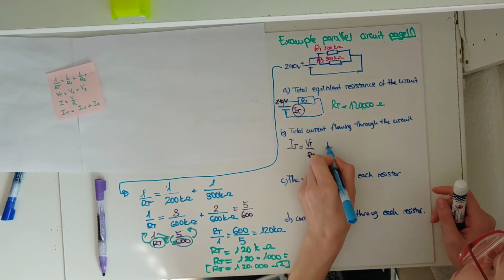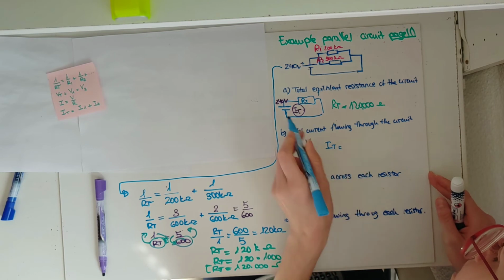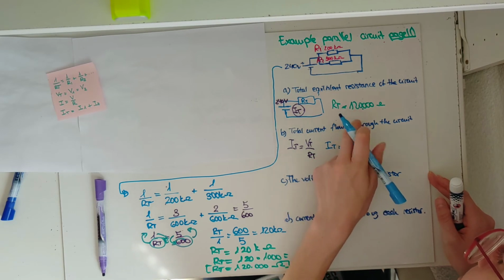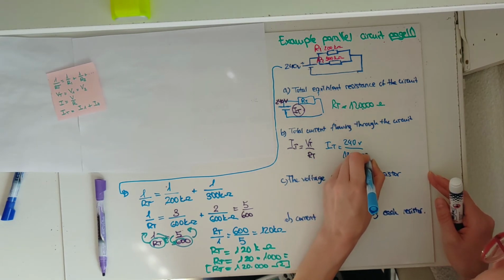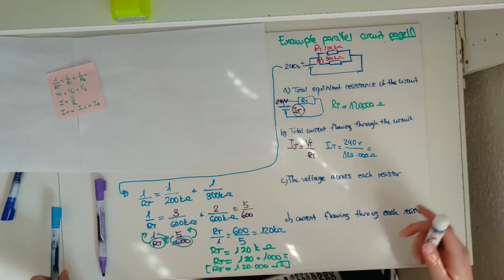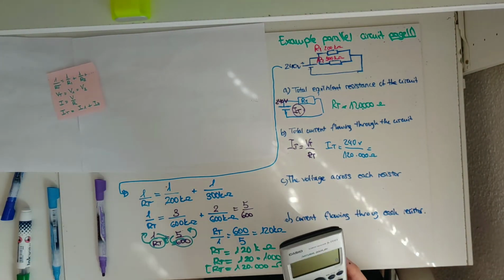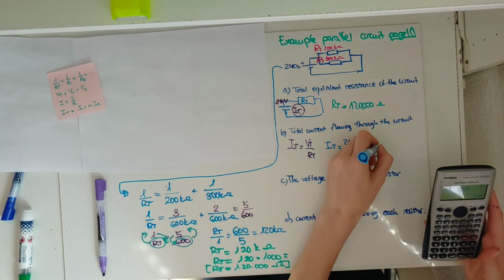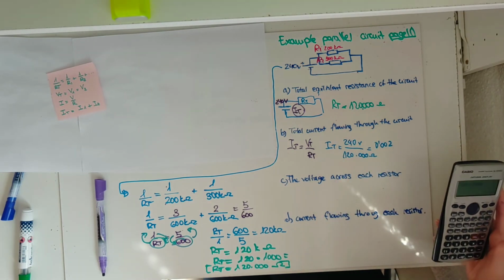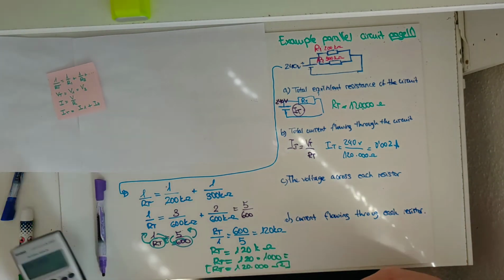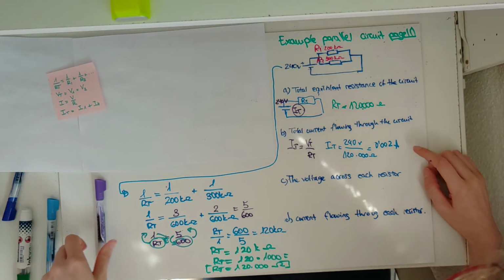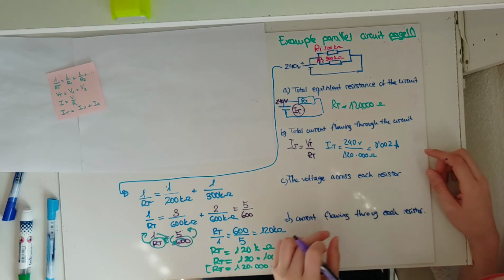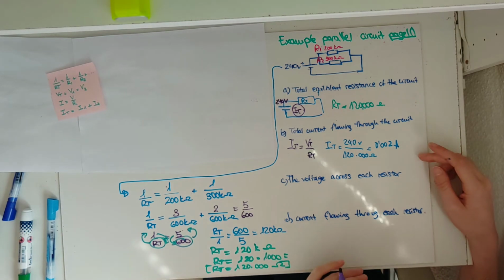So 240 divided by 120,000 is 0.002 amps. Okay, the value of the current is a small number. Okay, it's a low number.